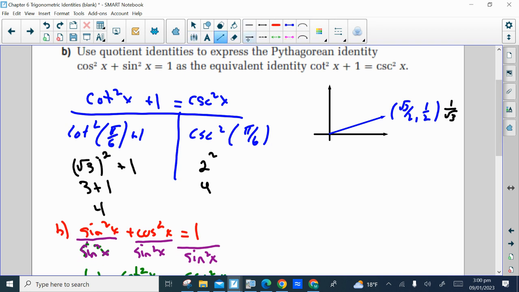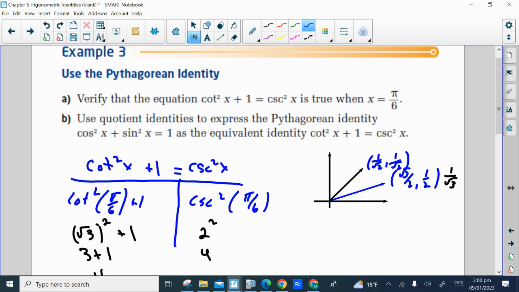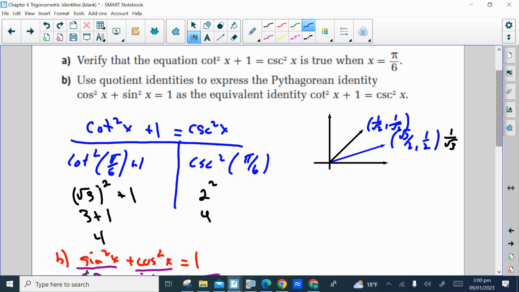Well, we'll start by using pi on 4, where the coordinates are both 1 over root 2, or root 2 over 2. And the tangent was 1, because you're dividing something by itself.